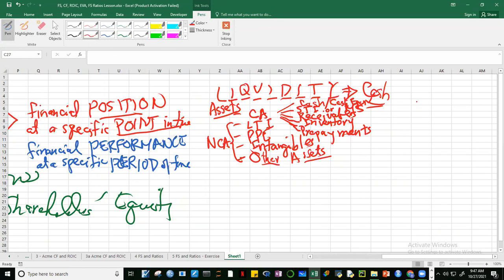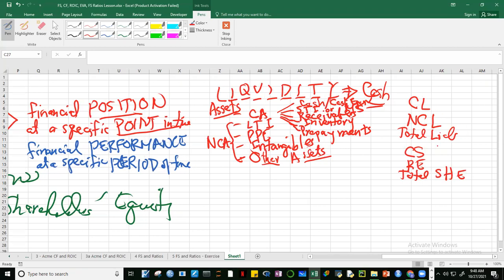It will be current liabilities, non-current liabilities, that will be your total liabilities, right? And then common stock, and then retained earnings, so that this will be our total shareholders' equity.